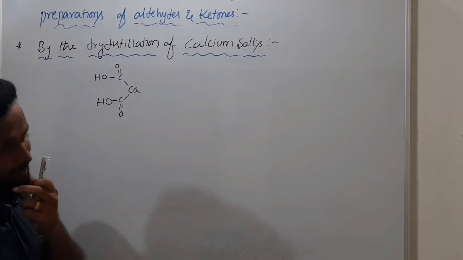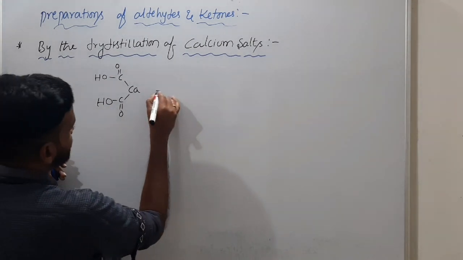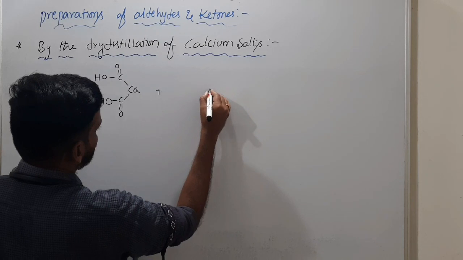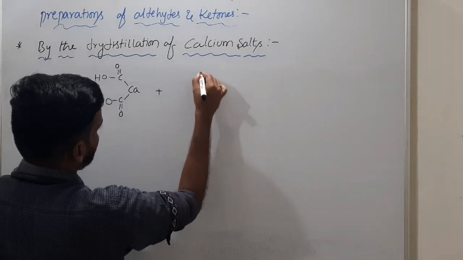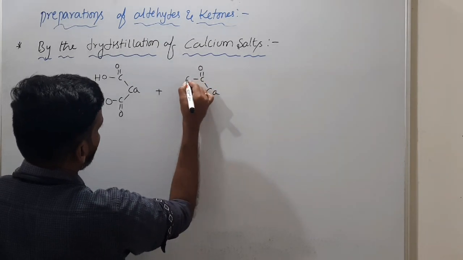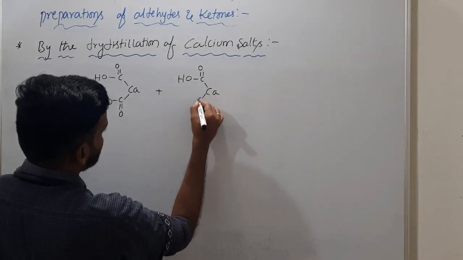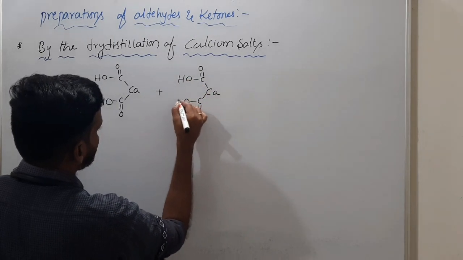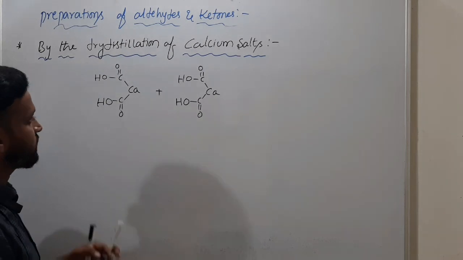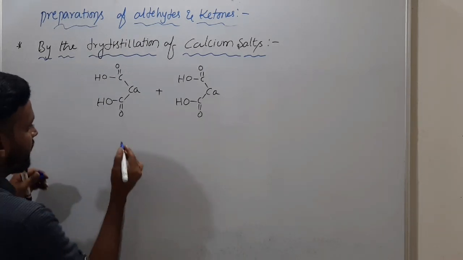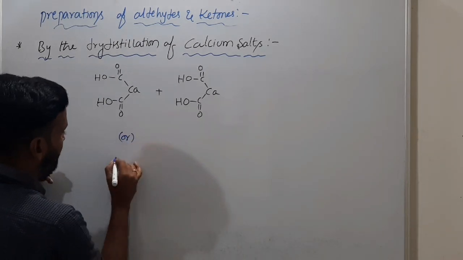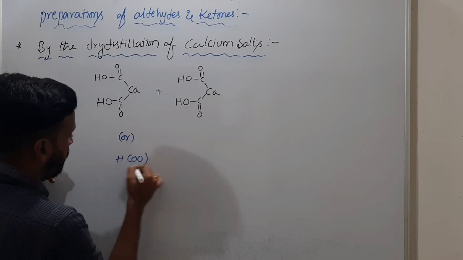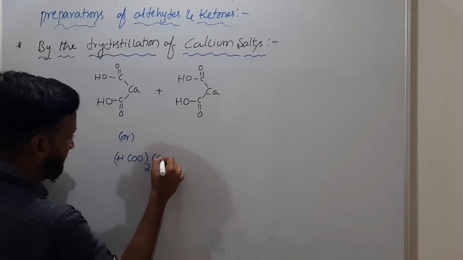HCOO is H and C double bond O and OH here, and C double bond OH here. So simply this reaction we will take like this, HCOO twice Ca.